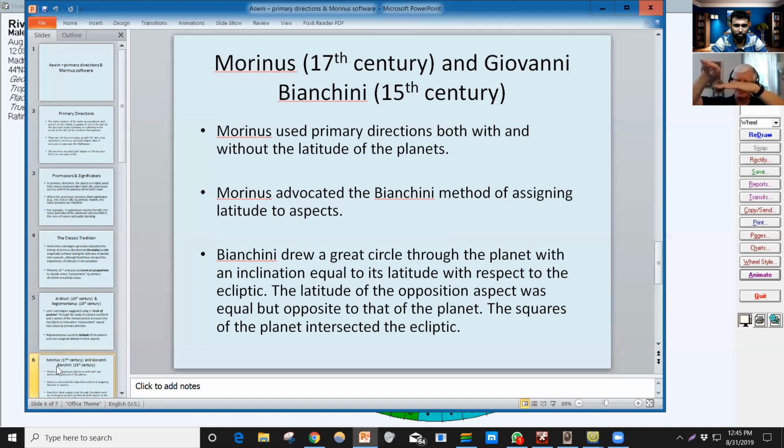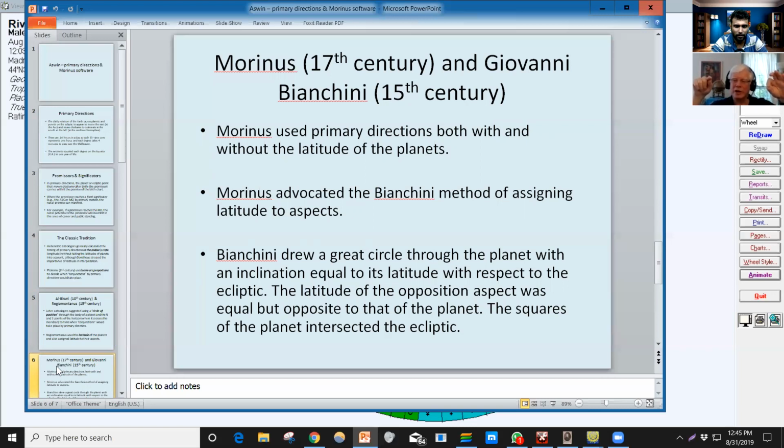He had the plane of the planet and the plane of the ecliptic, and they intersected at the angle that was the latitude of the planet. And he took conjunctions at the body of the planet, but then the opposition is directly across, as far below the ecliptic as the planet is above the ecliptic. Is that clear or no? Sure.